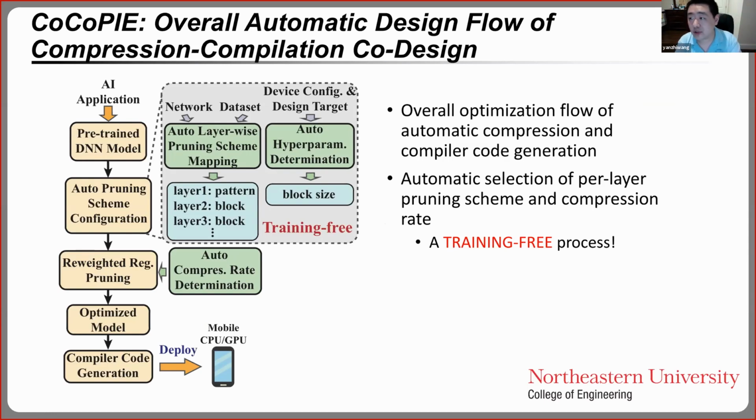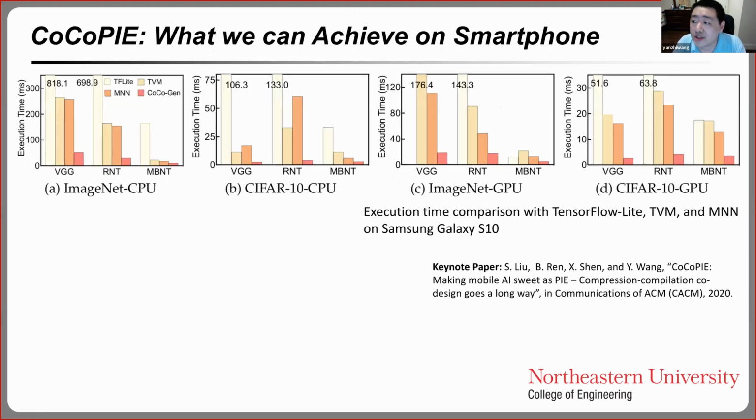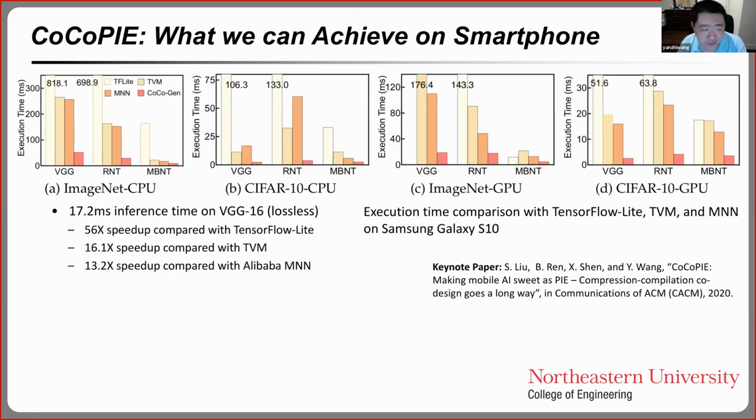Okay, so we're going to show our results. What can we achieve using a smartphone? This is the execution time comparison with TensorFlow Lite, TVM and Alibaba MNN on a smartphone. We can see our CoCoPIE results are consistently the fastest and much faster compared with the prior work.